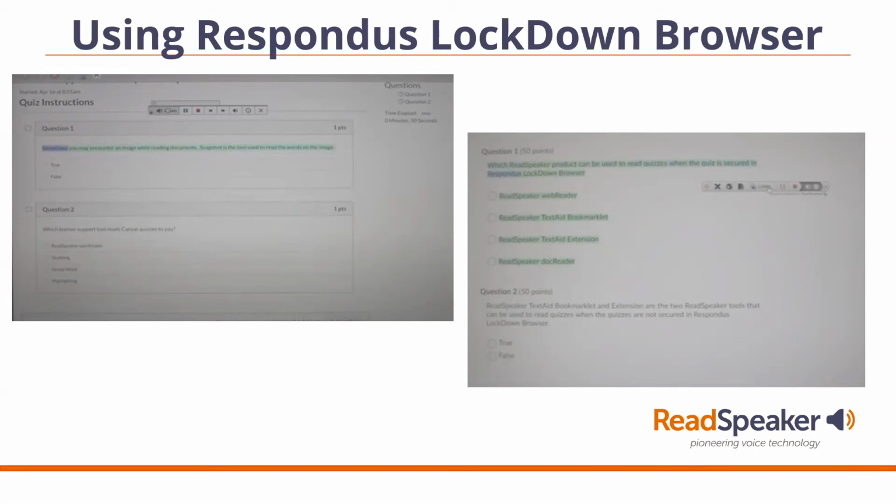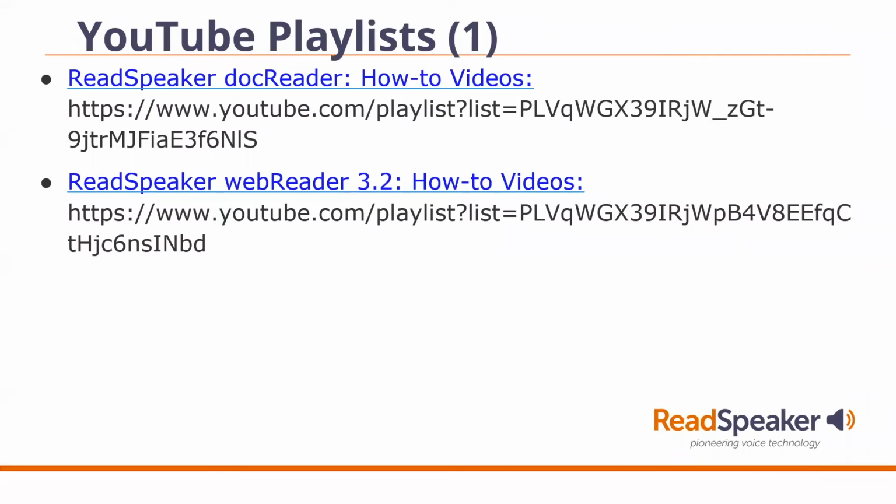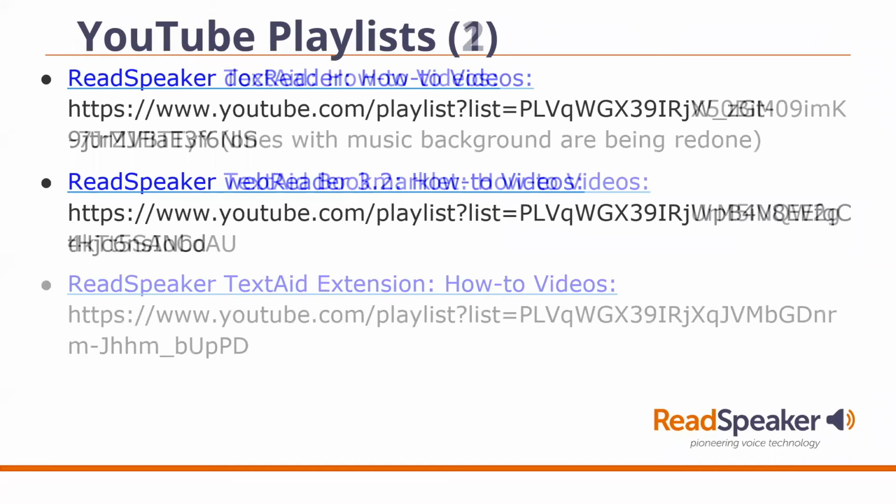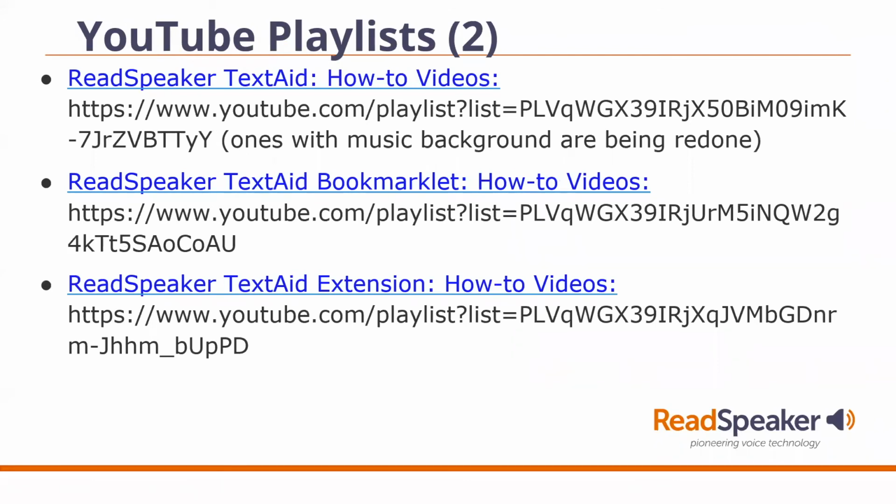Now I'm going to show the YouTube version of it, and if anyone needs the PowerPoints, please let us know and I can send you a PDF of them. These are the different playlists that we have. We have the docReader, webReader. We have 3 for TextAid: 1 is for TextAid as the full platform, 1 is for the Bookmarklet, and 1 is for the extension.